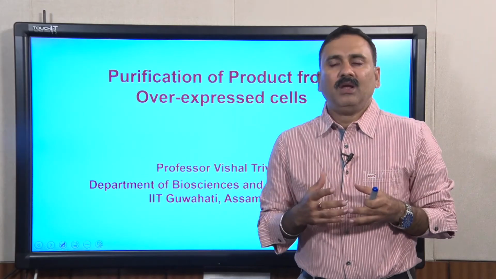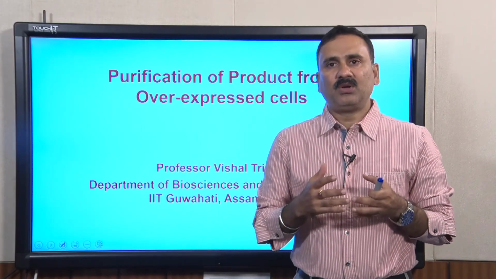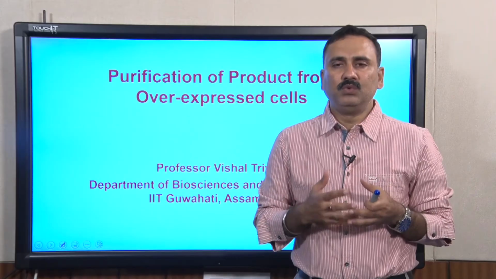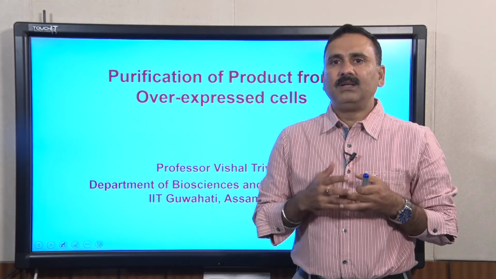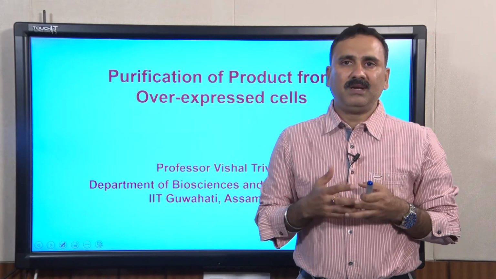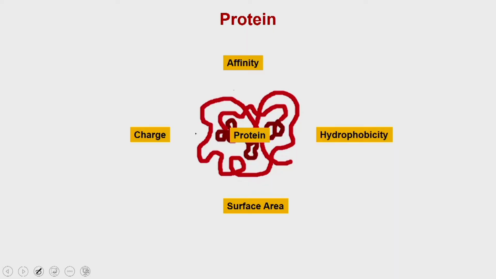So, in this series, before we get into the details of the chromatography techniques or chromatography approaches you can use to purify the proteins, let us see what the different properties present in the protein molecules are. So, you can imagine that this is a 3-dimensional protein.